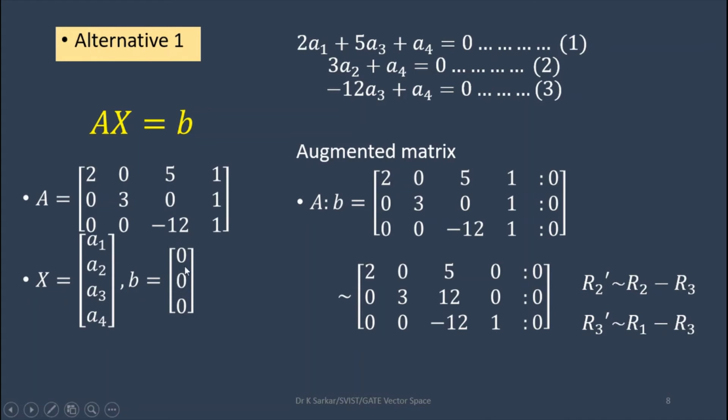Now let us take the augmented matrix, that is A, B together, and do some row operations. So here R2 dash is R2 minus R3, and R3 dash is R1 minus R3.